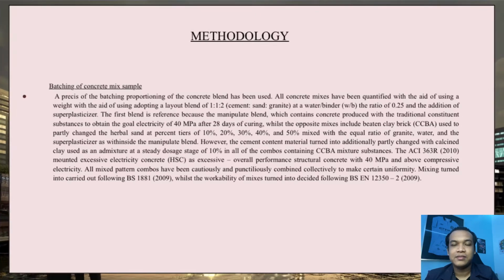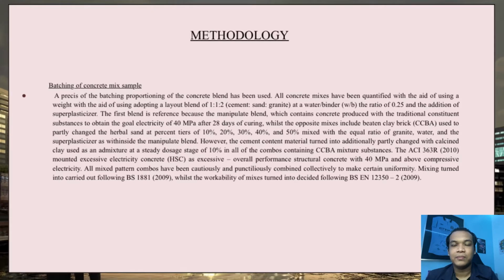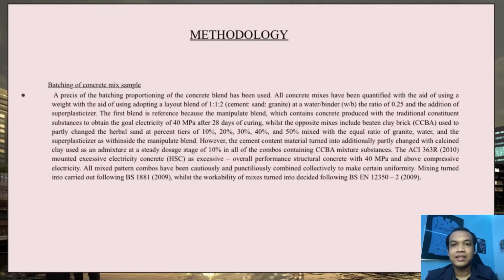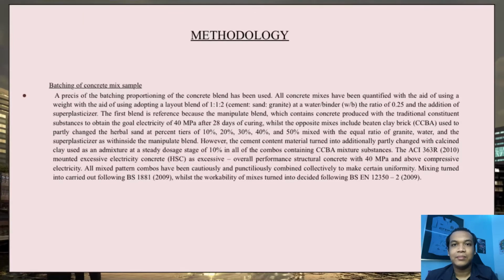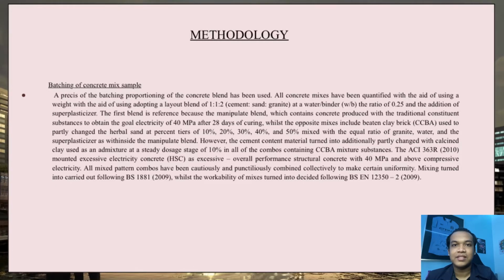The first blend is referred to as the control blend, which contains concrete produced with the traditional constituent materials to achieve the target strength of 40 megapascal after 28 days of curing, while the other mixes contain crushed clay brick (CCBA) used to partly replace the natural sand at percentages of 10, 20, 30, 40, and 50%, mixed with the same ratio of granite, water, and the superplasticizer as in the control blend. ACI 363R 2010 established high-strength concrete (HSC) as high performance structural concrete with 40 megapascal and above compressive strength.